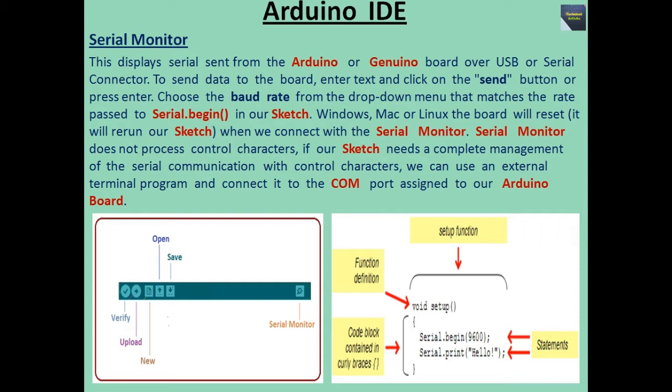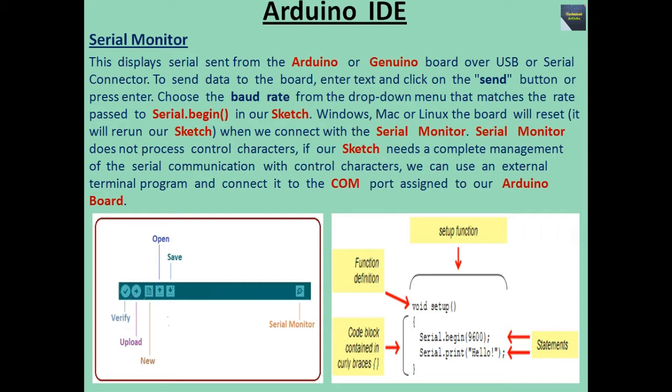Now we talk about serial monitor. This displays serial data sent from the Arduino or Genuino board over USB or serial connector, right? To send data to the board, enter text and click on the send button or press enter. Choose the baud rate from the drop down menu that matches the rate passed to Serial.begin in our sketch, right?